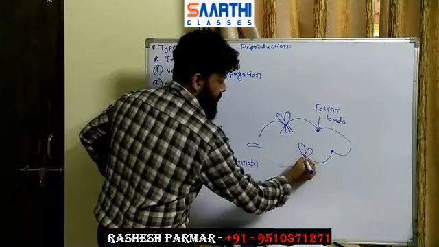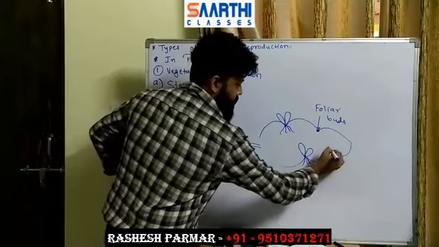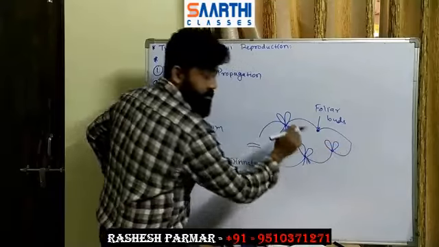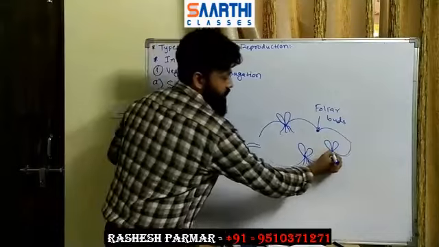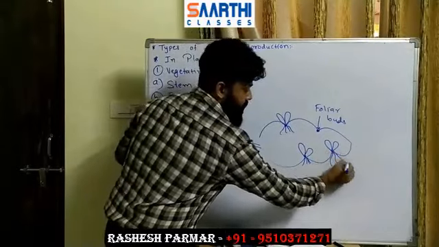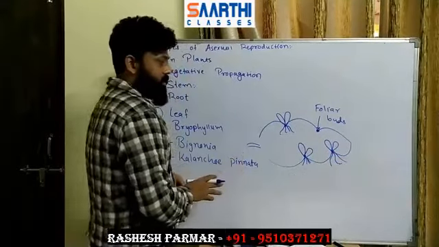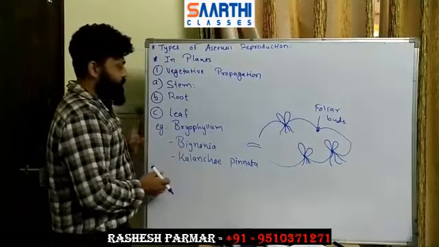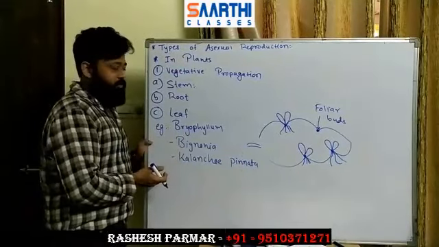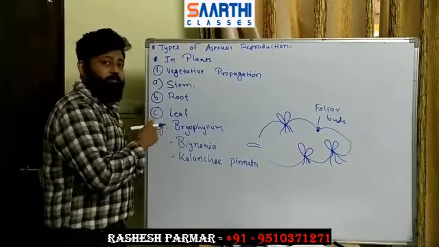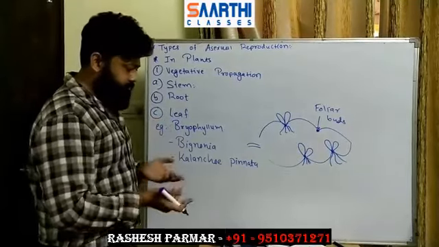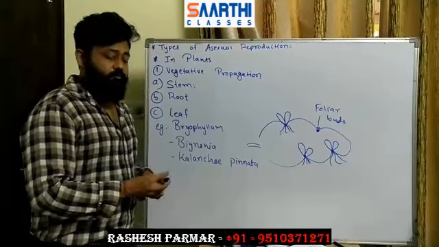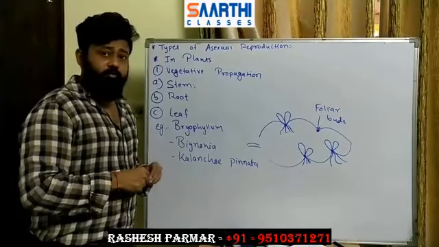This is the type of vegetative propagation which allows reproduction through leaf. So this is all for vegetative propagation.